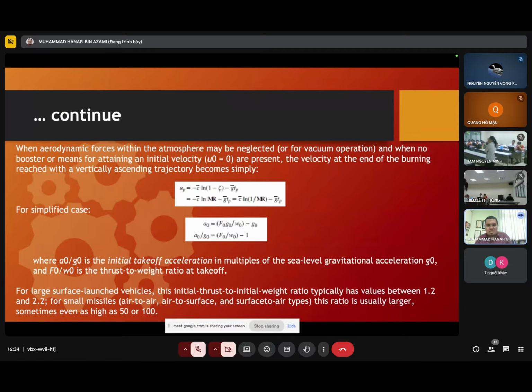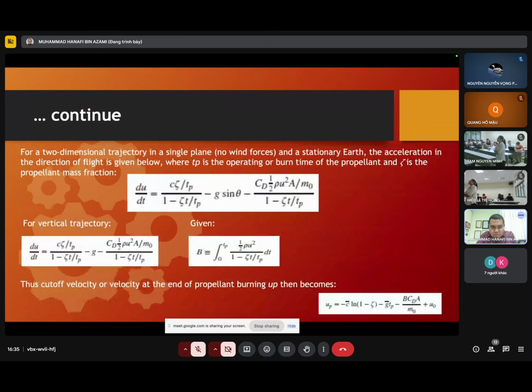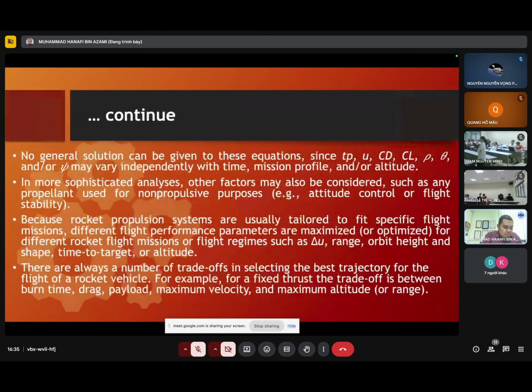You must differentiate this from the equations we studied here, with the mass ratio, zeta, c, and CD, which are relations where you consider the mass. But in the flight path equation, no mass is given. Mass is not considered.